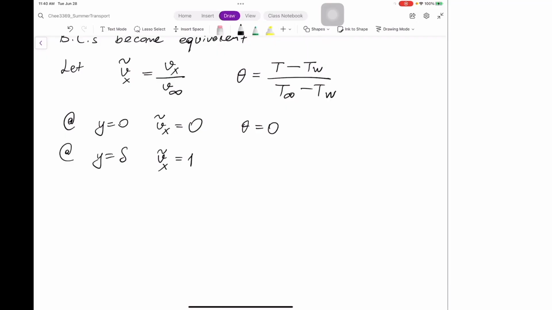And if I assume that delta t is the same as delta, then my boundary condition for theta at y equal to delta t, or delta, is T infinity minus T wall divided by T infinity minus T wall, which is 1. Excellent so far, right?